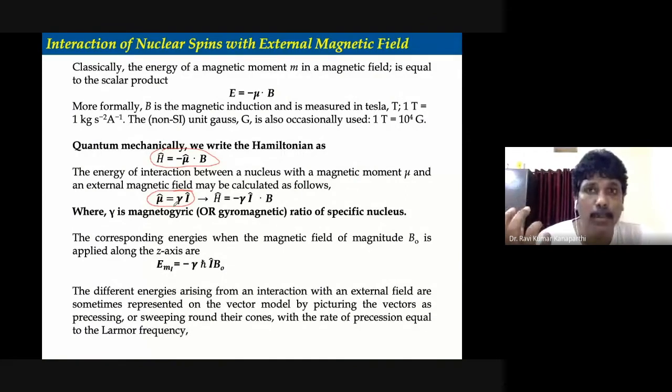If a system is rotating, it will have an angular momentum, and if it has an angular momentum, definitely it will behave like a bar magnet.